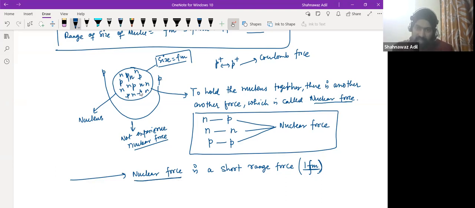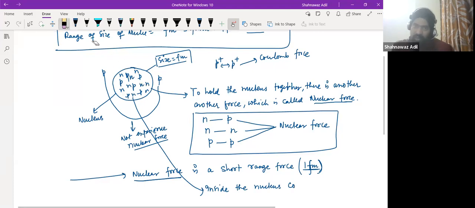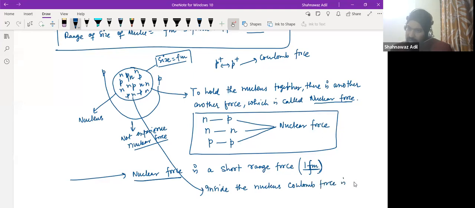Inside the nucleus, the Coulomb force is dominated by nuclear force, right?